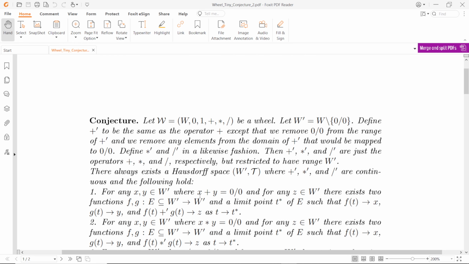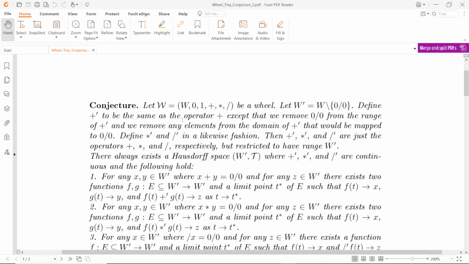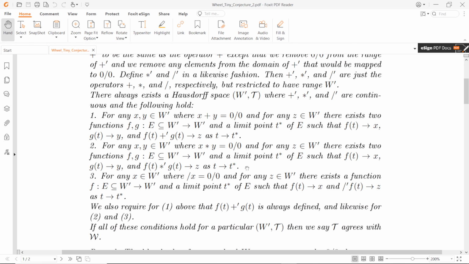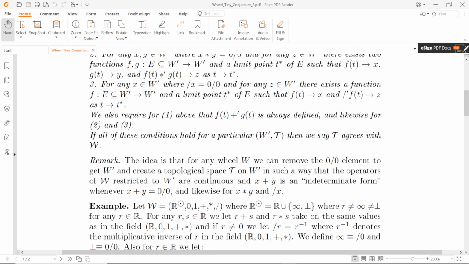So essentially what this conjecture is saying is, for any wheel, you can turn it minus omnity into a Hausdorff space such that the restricted operators are continuous, and such that if x plus y equals omnity, then x plus y is an indeterminate form, quote unquote.